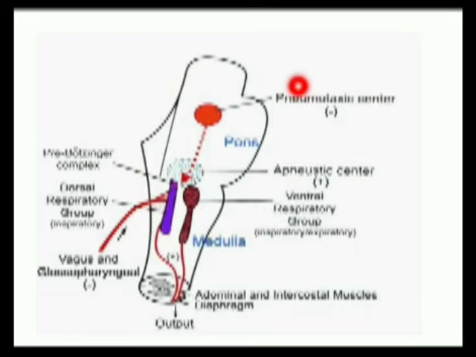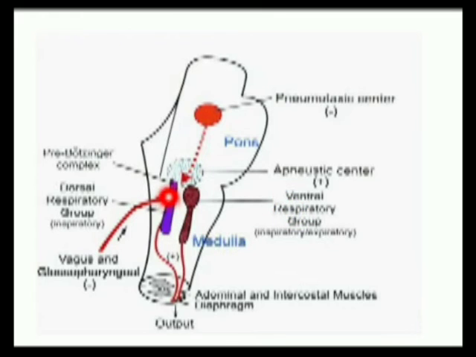The pneumotaxic center has a negative role on the medulla, but the apneustic center has a positive role on it. And in the medulla section, there are two groups. One is the dorsal respiratory group and the other is the ventral respiratory group.